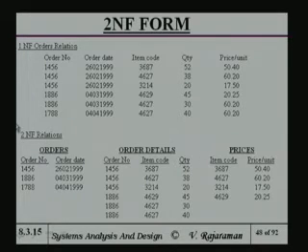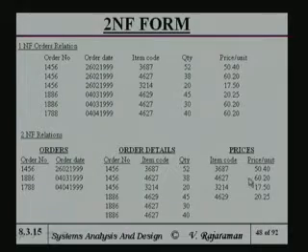So what has really happened is that deletions, additions and changes are independent. For instance, if I want to change the price of item 4627, from 60.20 to 62 rupees 20 paisa or something like that, then I just change this here and I don't touch any of these things. Similarly, as I said, if the date of an order is changed, I only disturb this and I don't touch any of them here.